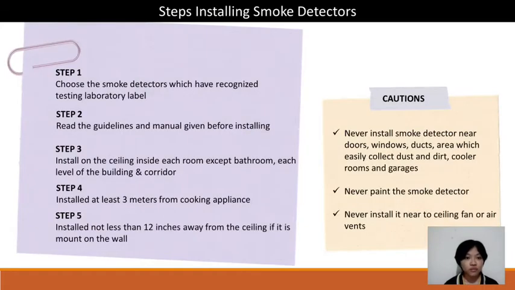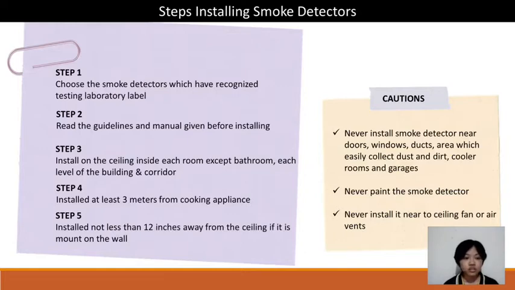So there are a few steps for installing the smoke detectors. So step 1, we shall choose the smoke detectors which have a recognized testing laboratory label. Step 2, we should read the guidelines and manual given before installing it. Step 3, the smoke detector shall be installed on the ceiling inside each room except the bathroom, and on each level of the building and also the corridor.